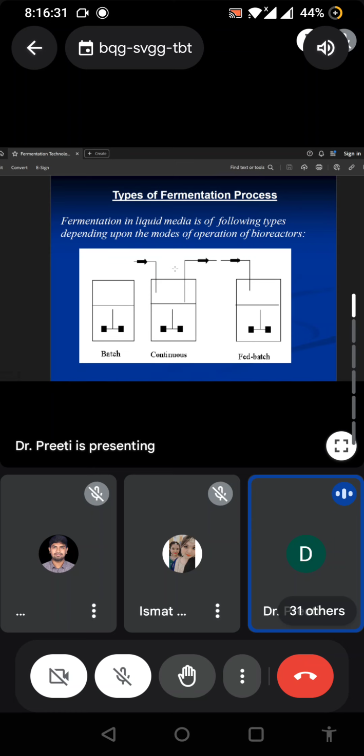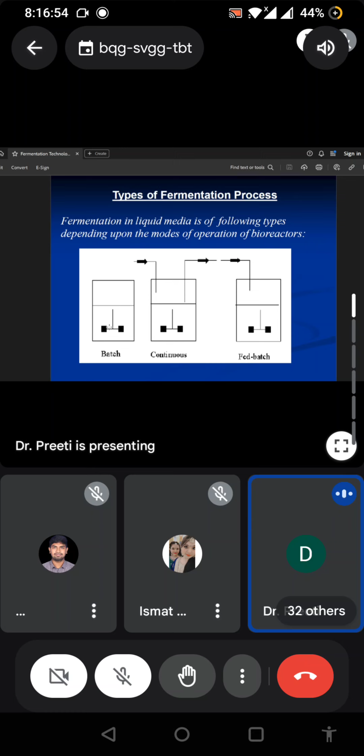If you see the arrow here, batch mode simply means once you have added everything, your media is there, your cell is there, all the controls are getting done. After your fermentation is over, you will stop it, take out the whole product and it will go for isolation and purification.